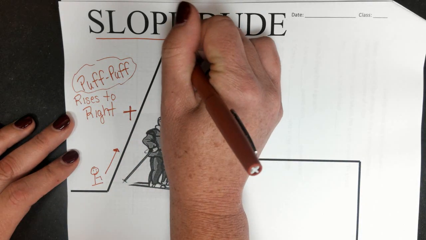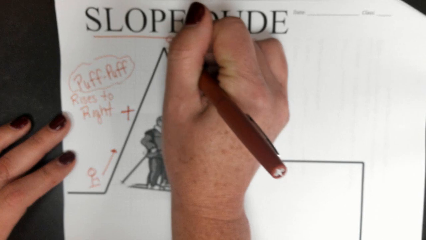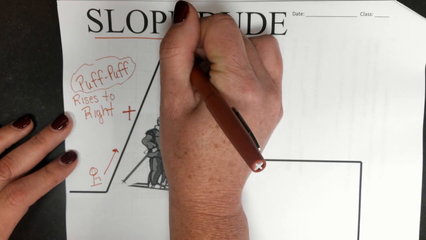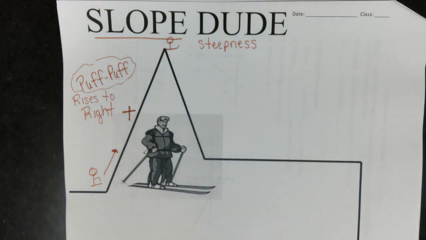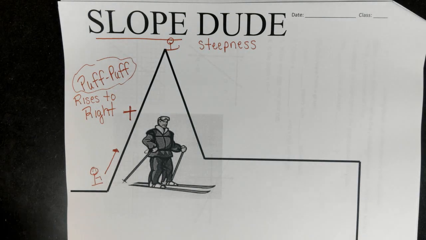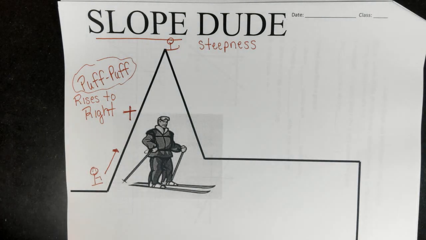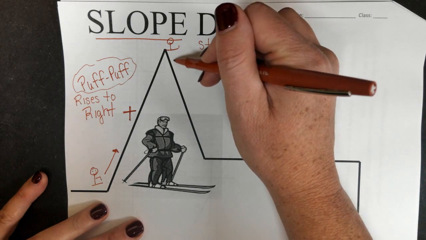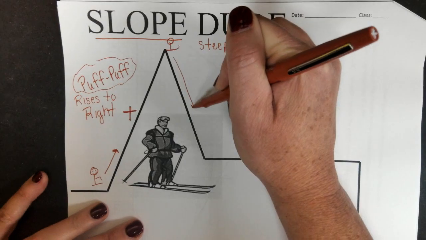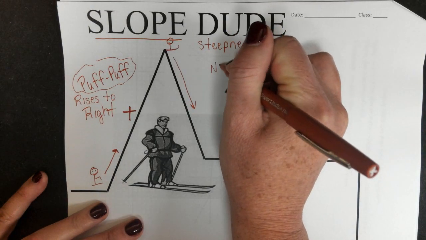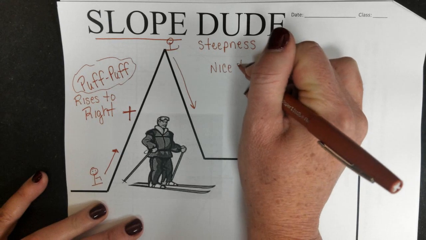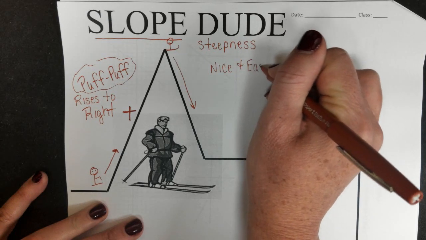Okay, so Slope Dude gets to the top, and he is so relieved because he's at the top of the hill. If you're walking or running up a hill, you're relieved when you finally get to the top. Then, when we go down the hill, that is nice and easy, right?